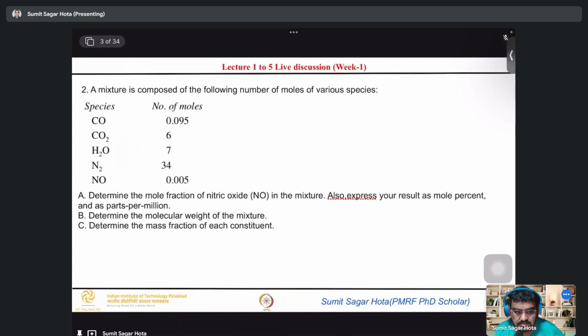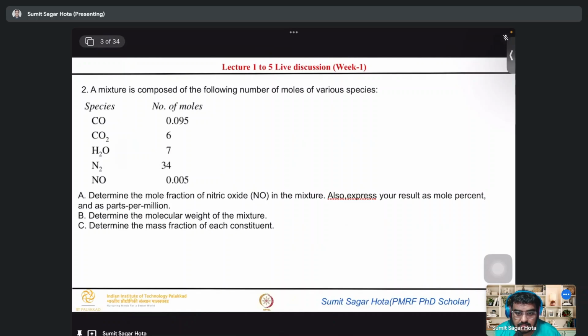Species are carbon monoxide, carbon dioxide, H2O, N2 and NO. Carbon monoxide is 0.095, carbon dioxide is 6, H2O is 7, N2 is 34, and NO is very less, 0.005. Determine the mole fraction of nitric oxide in the mixture. Also express your results as a mole percentage and as parts per million, that is ppm.